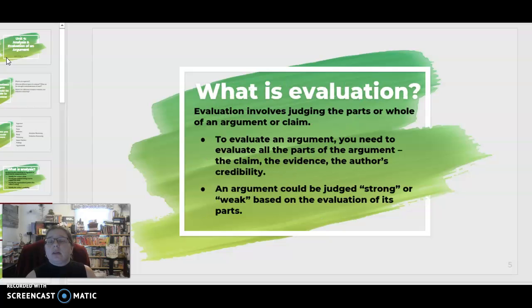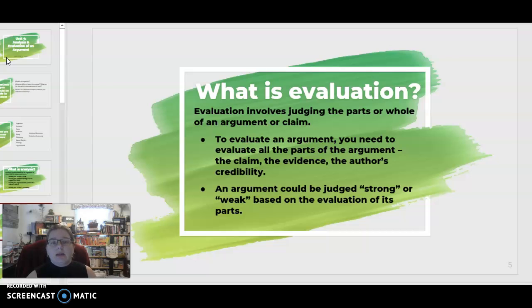In evaluation, we take a look at those pieces a little bit more closely and we try to determine whether or not they are effective. So we say, is the author's claim reasonable? Is the evidence believable, consistent, sufficient, and reliable? Does the author's credibility hold up?